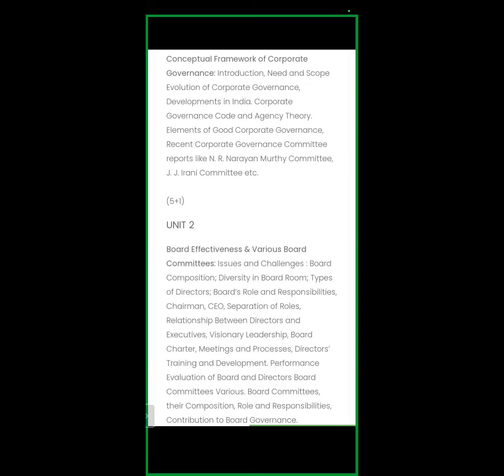All these things we are going to discuss in the coming sessions. So we will start with the syllabus. In brief, we will discuss, and then we will directly move on to our first unit. So what we will be discussing under unit one is the conceptual framework of corporate governance, its introduction, needs, scope, evolution of corporate governance, how it evolved.